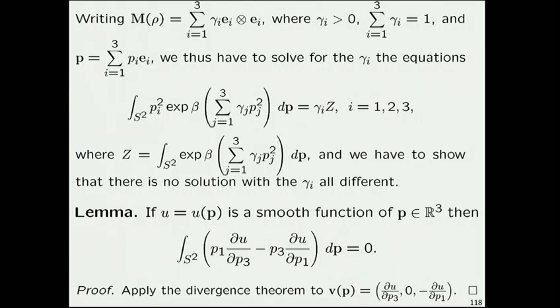So I'm going to get P1 P3 d rho/dP3 minus P3 P1 d rho/dP1.